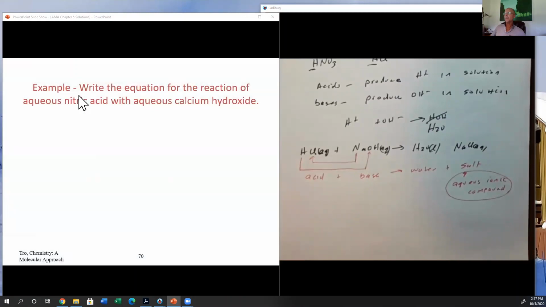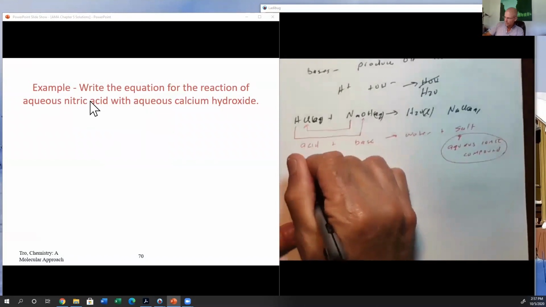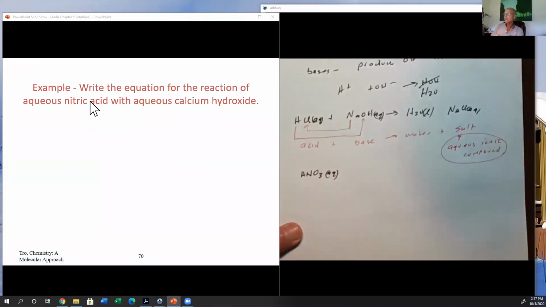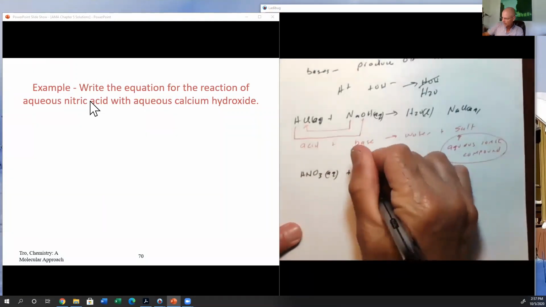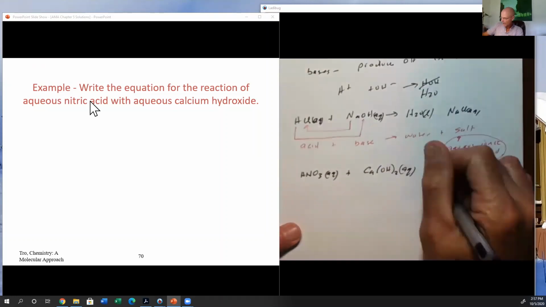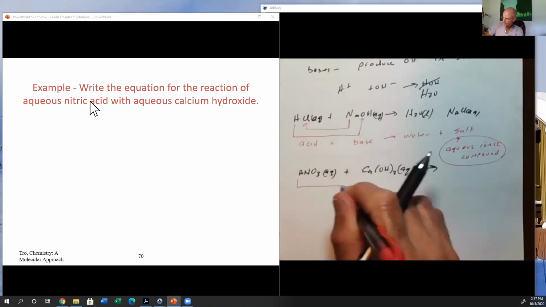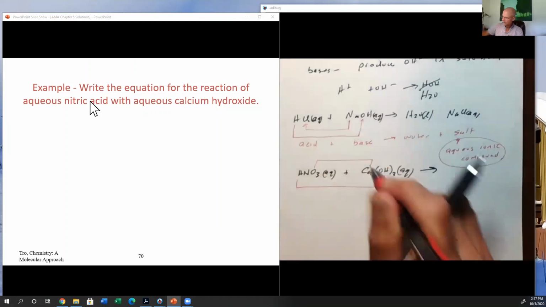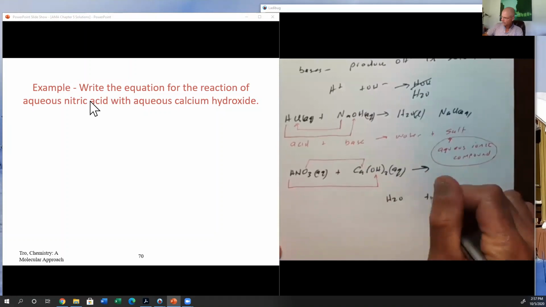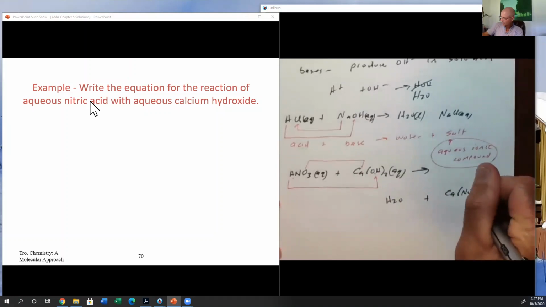So let's do another example. Write the equation for the reaction of aqueous nitric acid with aqueous calcium hydroxide. Again, we have to remember our nomenclature. When I put together this and that, I get H2O, because that's HOH, plus calcium nitrate.